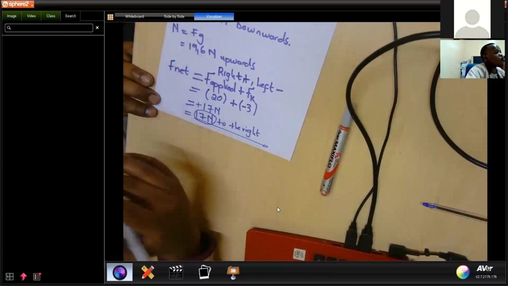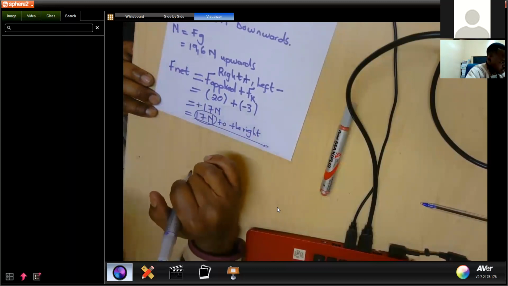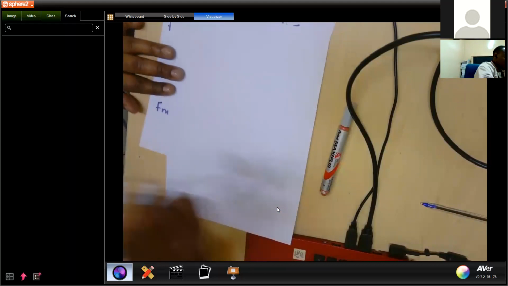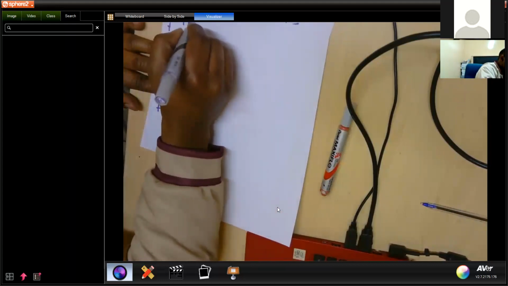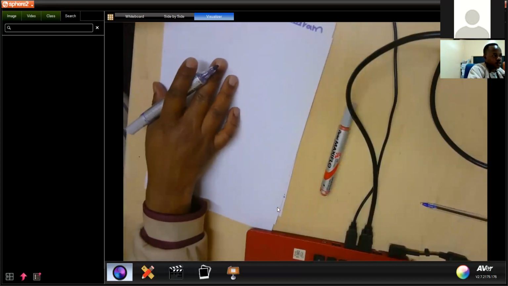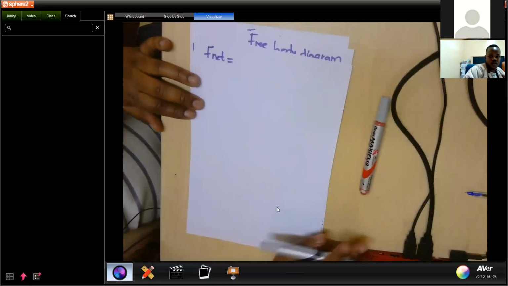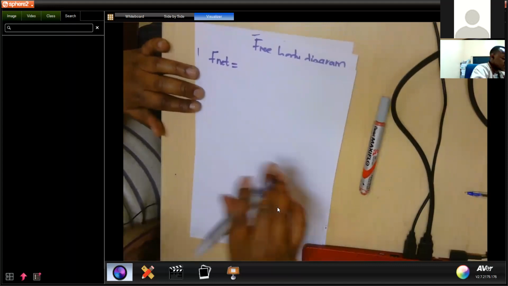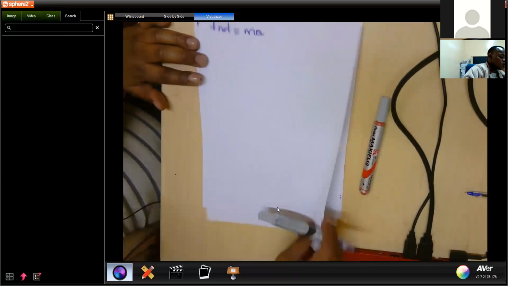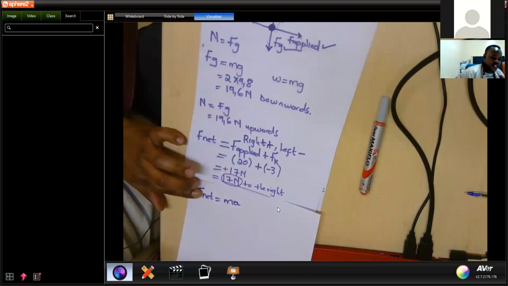Now, let us say we are required to calculate the acceleration of this box. We'll use Newton's second law of motion equation, and that equation tells us that F net is equal to ma. I already know the net force acting on the object, and that net force is 17.